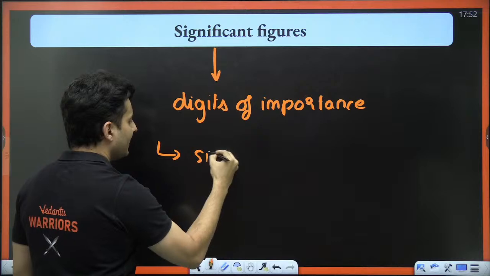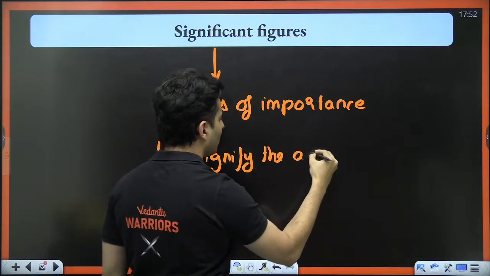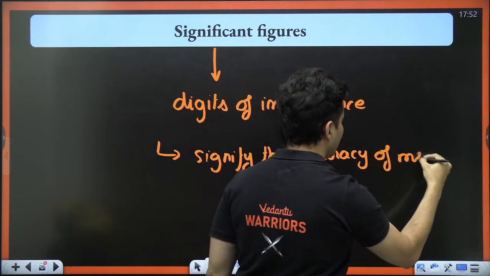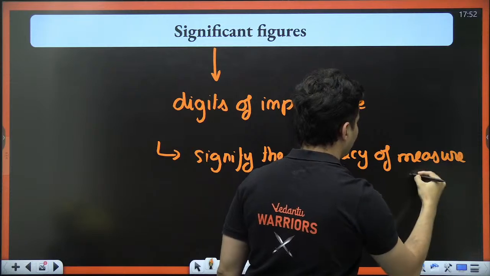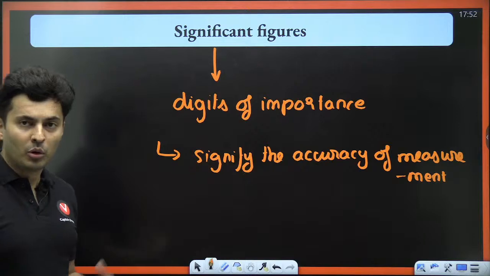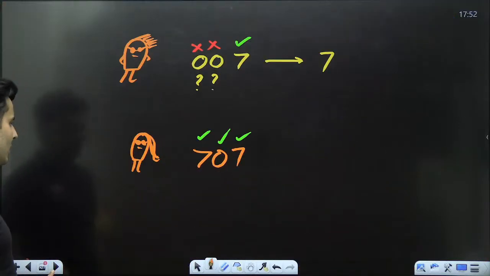They signify the accuracy of the measurement, how accurate it is. The more the significant figures, meaning maybe that is more accurate. So what are the rules?